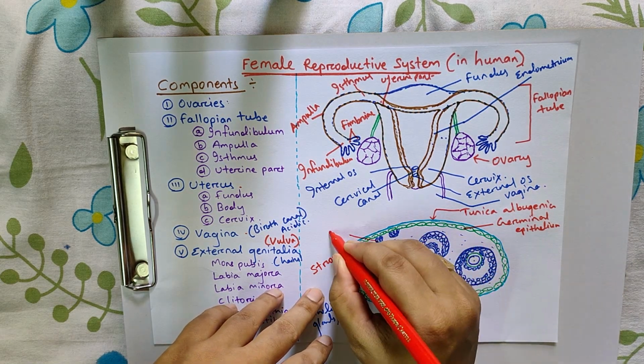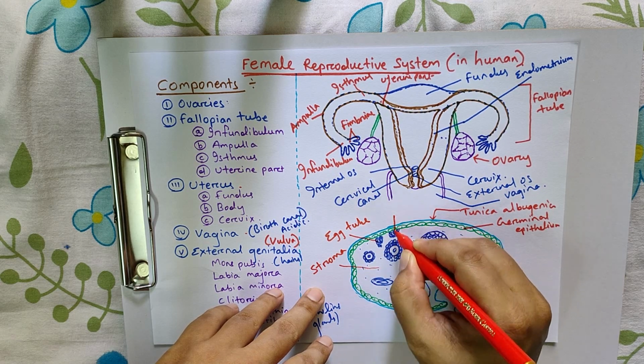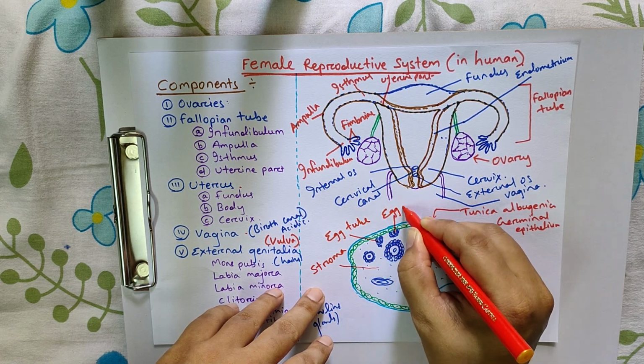This one is the egg tube. This one is the egg nest.